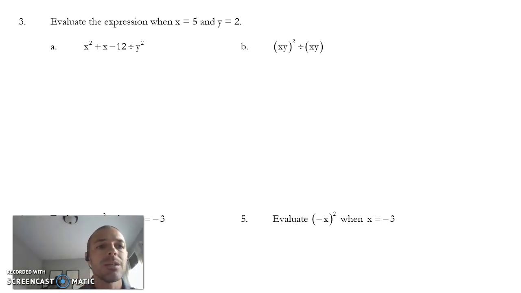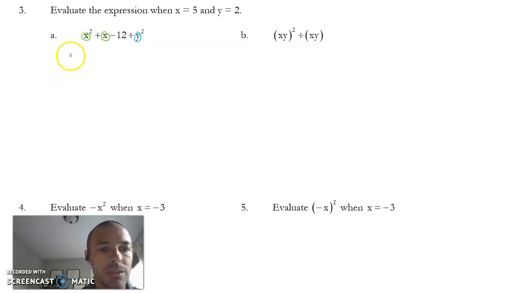And when we substitute, anytime I see a variable, say x in that case, or y here, I am replacing that variable and that variable alone with parentheses. I am always going to use parentheses when I evaluate.